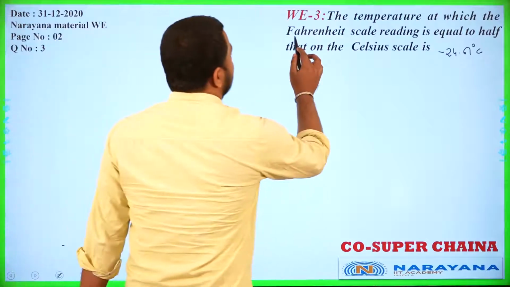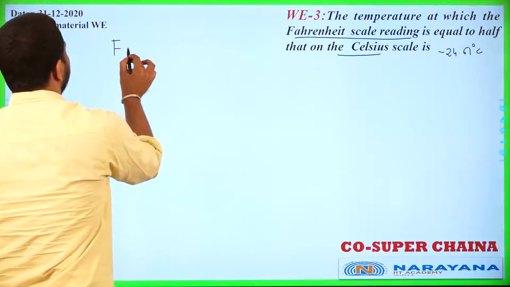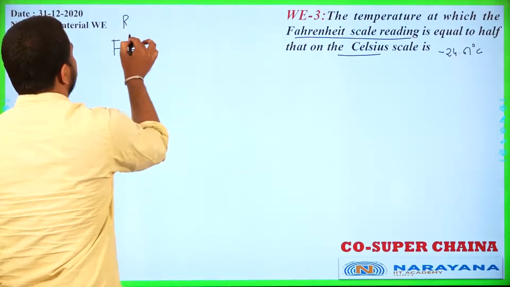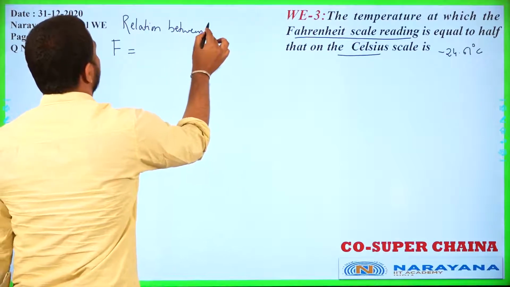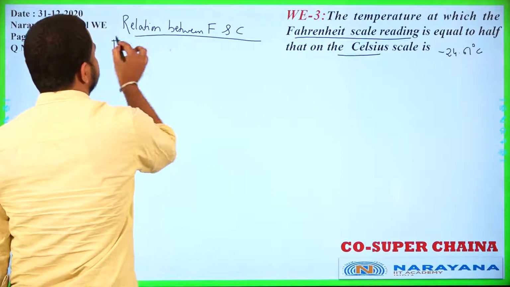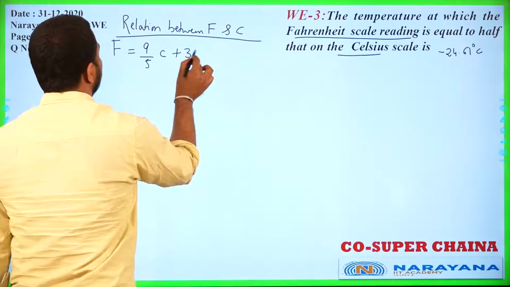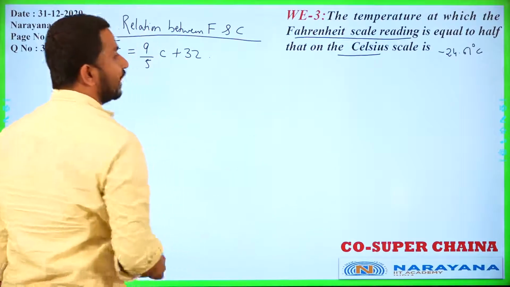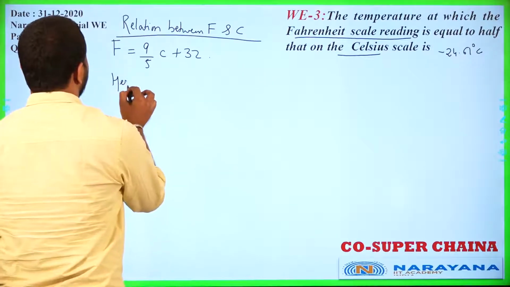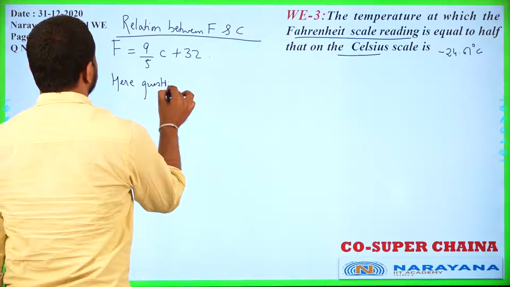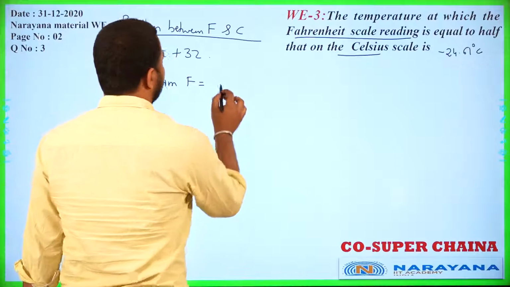Here, students, the Fahrenheit and Celsius scales are given. The relation between the F and C scales is F is equal to 9 by 5 C plus 32. Here in the question it is given that the Fahrenheit reading is half that of Celsius.